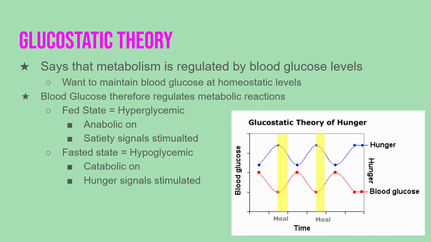This causes the anabolic reactions to turn on. You have high glucose in your blood, so you're going to be building a lot of molecules to store it. At the same time, satiety signals are stimulated, basically telling your brain, okay, we're fed, we can feel full.